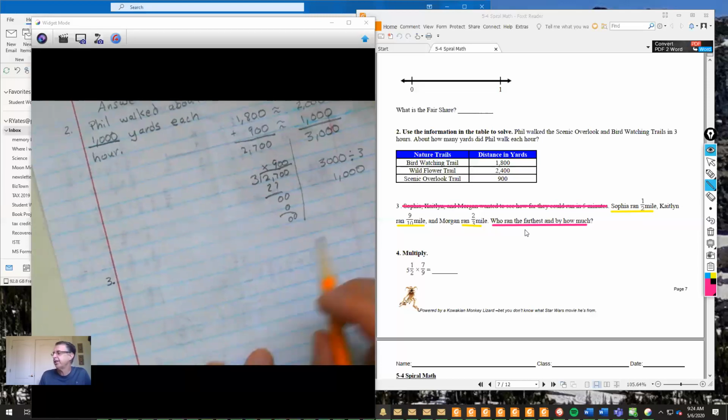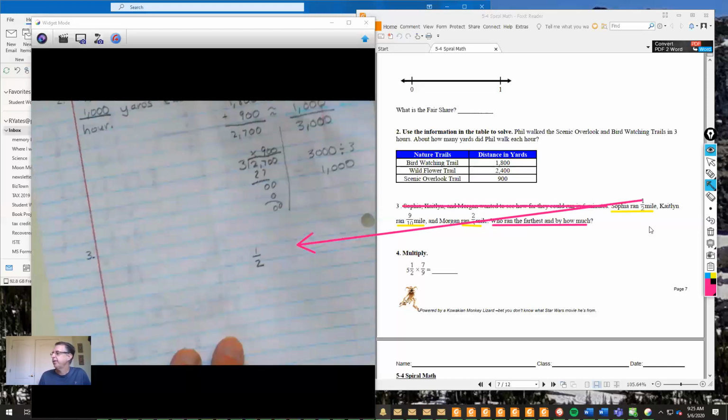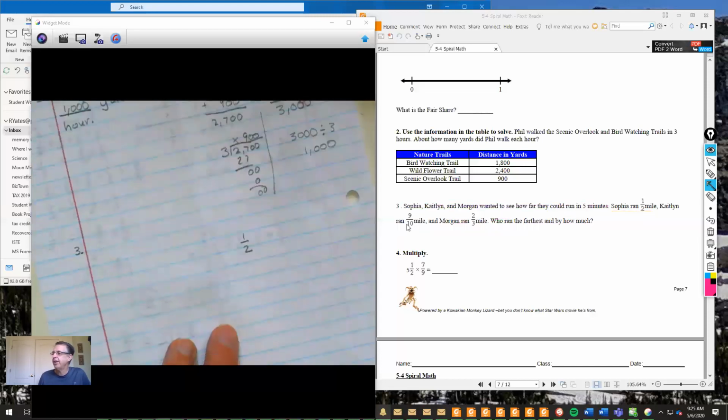So first of all, I'm going to take Sophia. Sophia ran 1/2 mile, so I'm going to write that here. And I'll be comparing it to the amount that Caitlin ran. And Caitlin ran 9/10 of a mile.